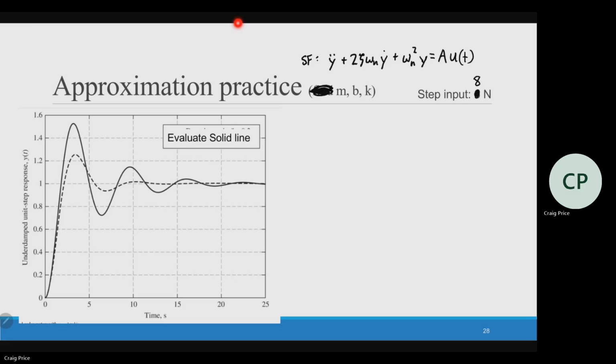What's next? Now, there's a few ways we can go, so it's not like there's just one. You want to find zeta, and how do we find that? Log decrement. Yeah, great. So that's the formula.